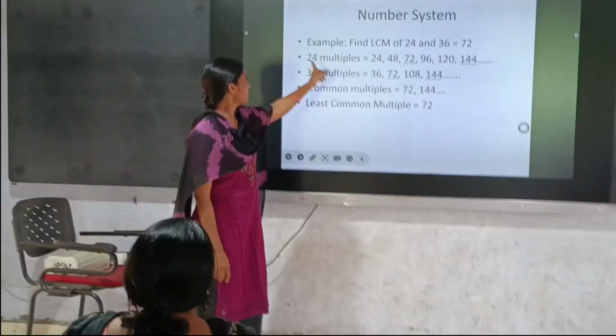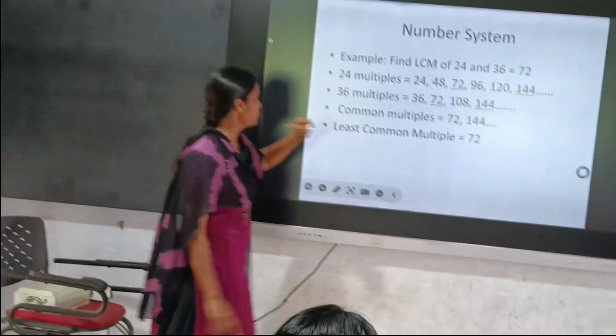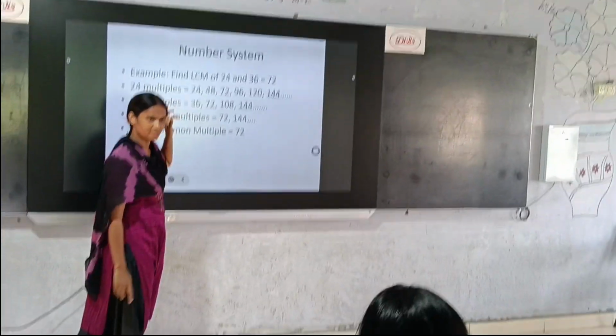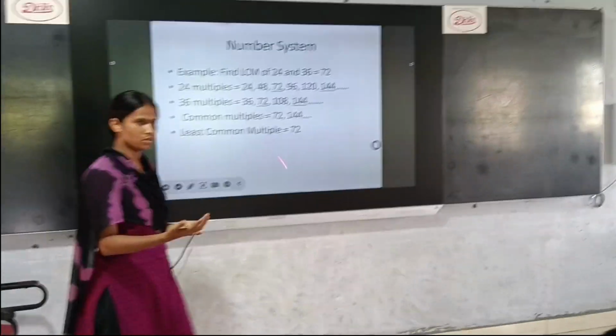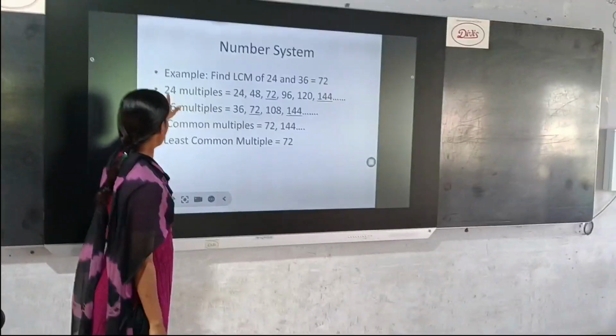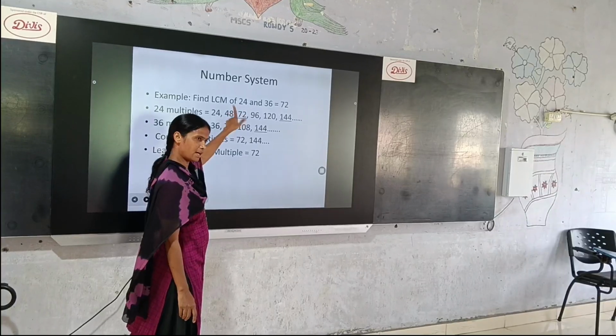Next, LCM, for the same numbers 24 and 36. LCM means least common multiple. Multiples means the 2 table, 3 table. The multiples of 2 are 2, 4, 6, 8, 10. Similarly, the multiples of 24 are 24 ones, 24 twos, 24 threes.